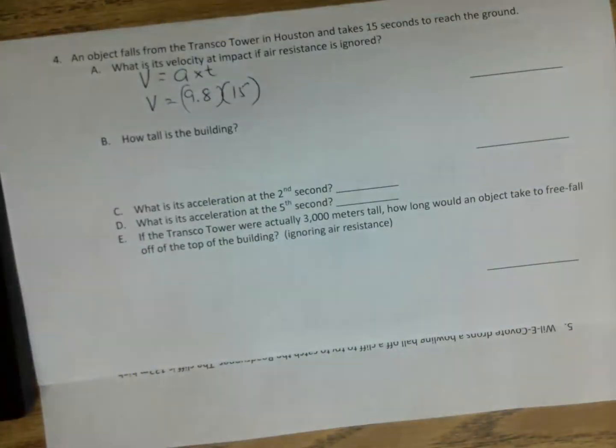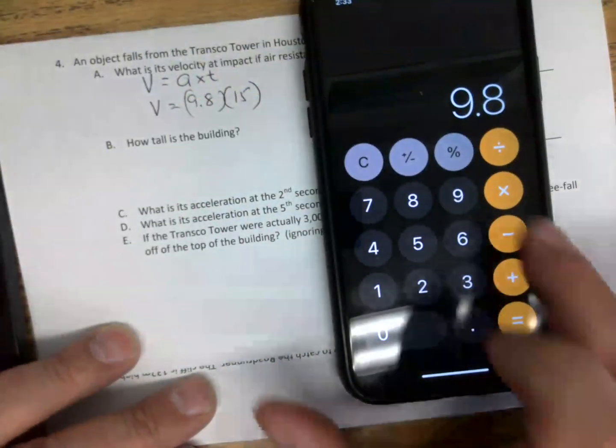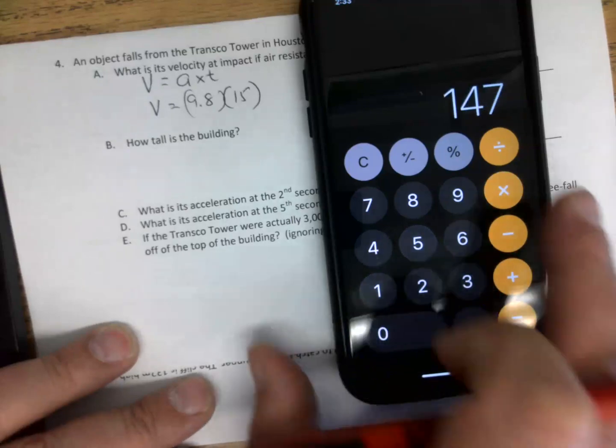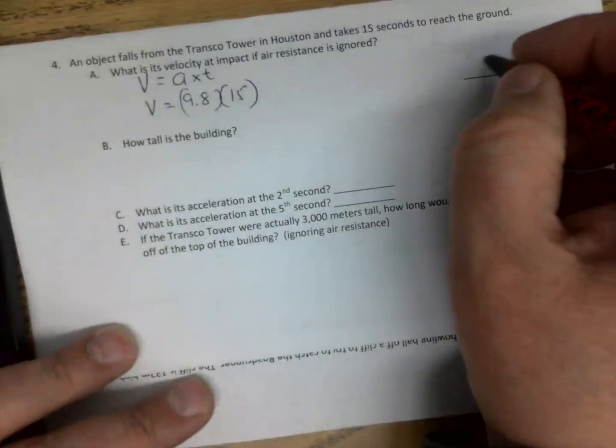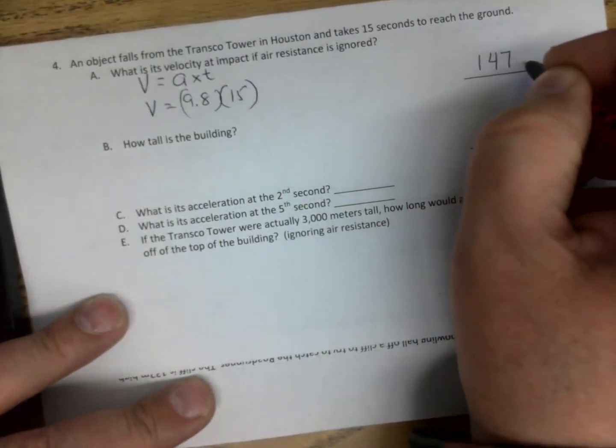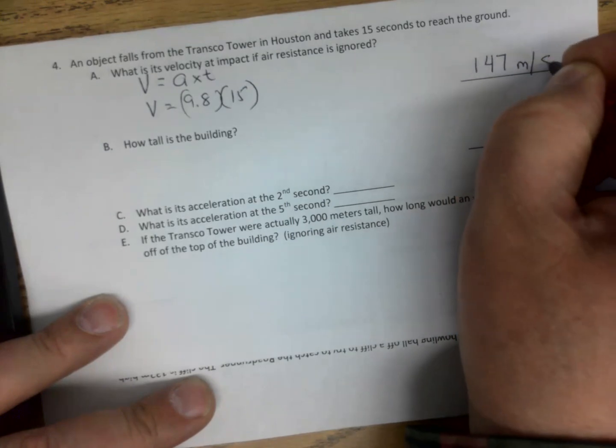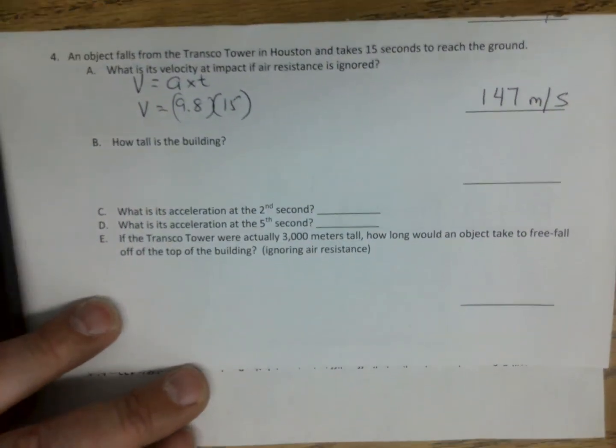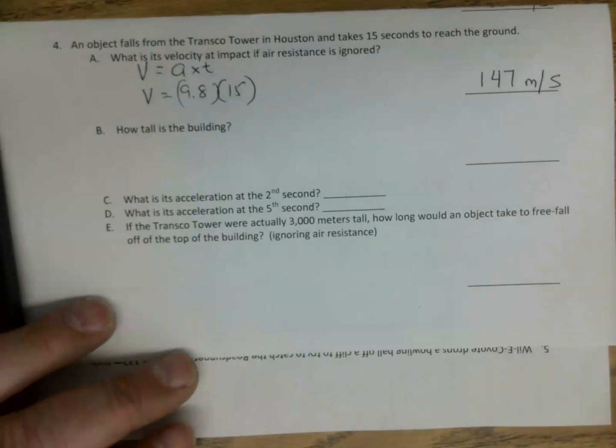So we do our math again. 9.8 times 15 is 147. So that's a pretty fast moving thing. 147 meters per second, really fast.